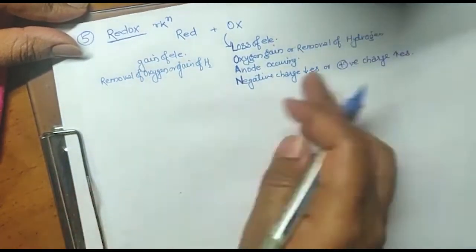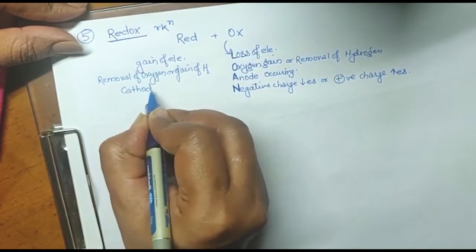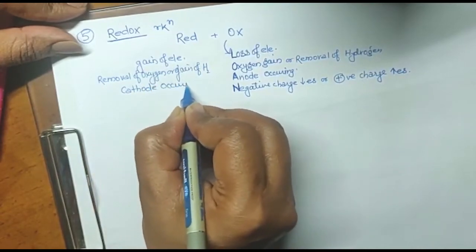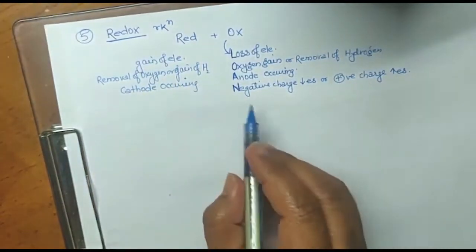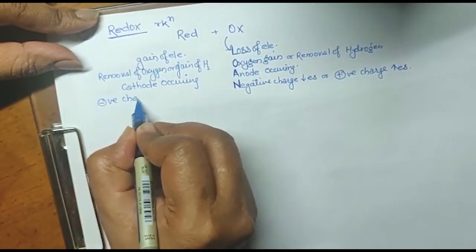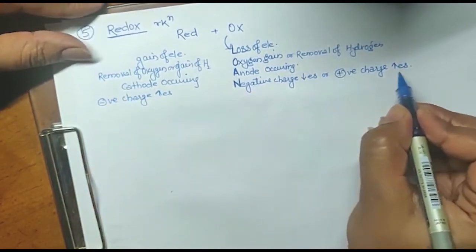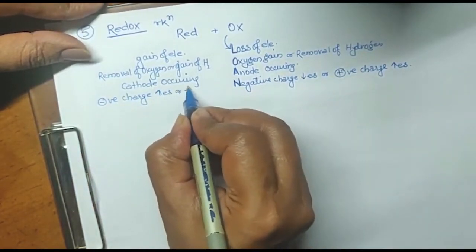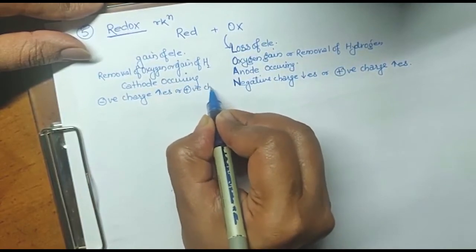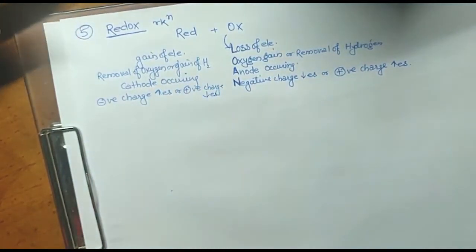Got it? Anode occurring, so it will be cathode occurring. And negative charge decreases, so it will be negative charge increases, or here positive charge increases, so here positive charge decreases. Got it? It's a very important topic.